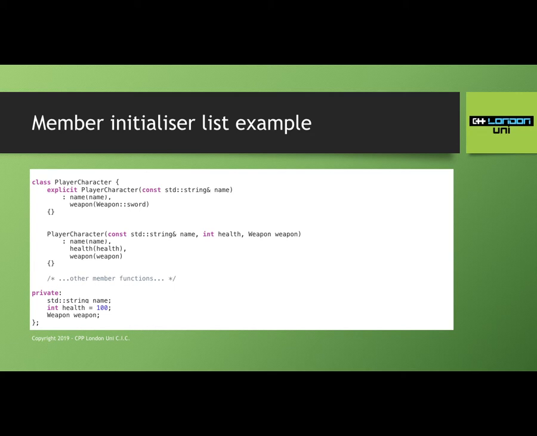However, you remember I was talking about aggregates a couple of sessions ago. Aggregates must use curly braces. So you think, okay, now I'm just going to use curlies all the time. Well, no, you can't have that rule either, because there are certain classes, including one very important one, which is standard vector, which do different things depending on whether you use the curly braces or the round brackets.